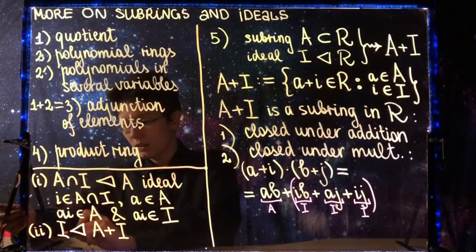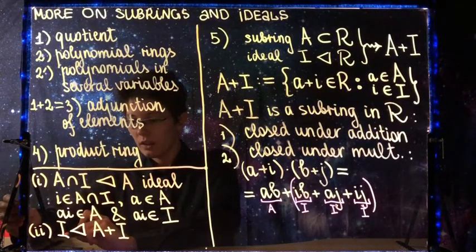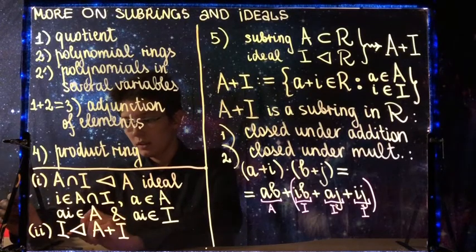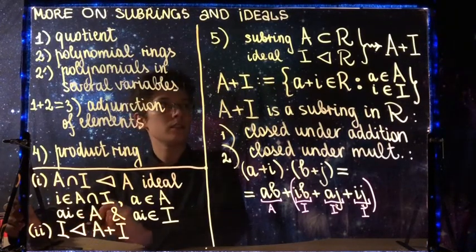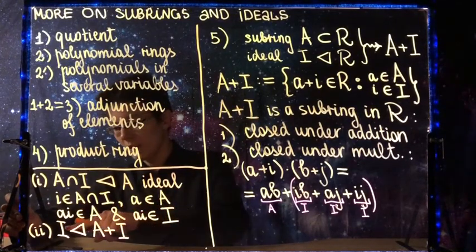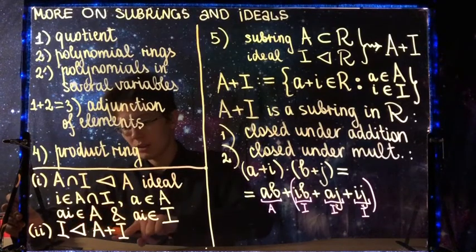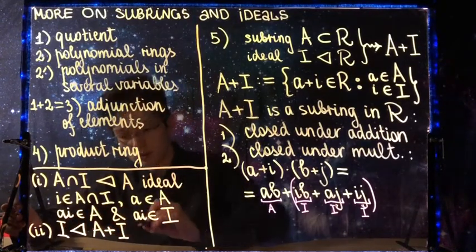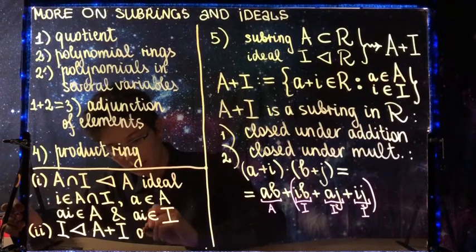It is clear that I is closed under addition, and as for the absorption property, I satisfies it inside R, and it is a smaller subset of R. So I satisfies the absorption property in here too. So this is also an ideal.